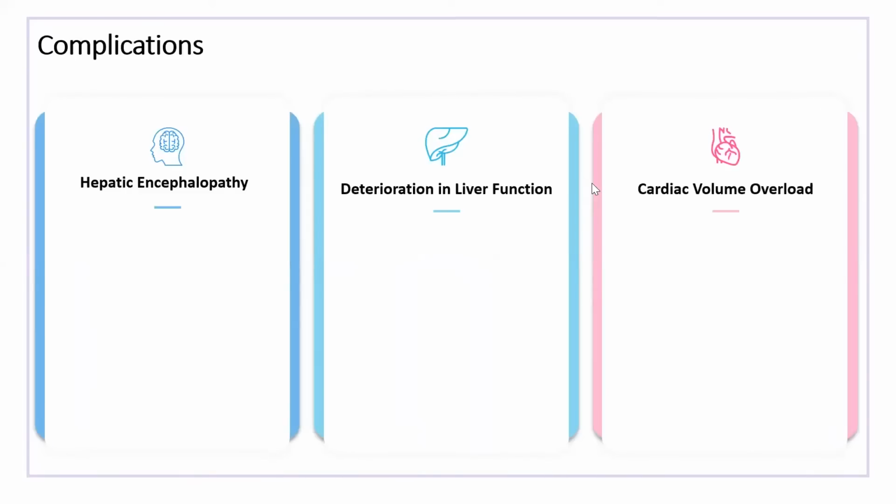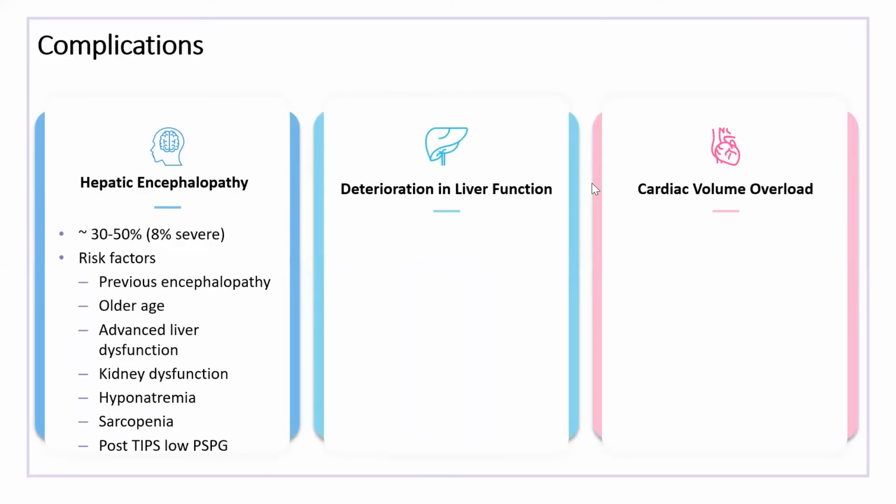Now, the main complications of TIPS are related to hepatic encephalopathy, the deterioration of liver function, and cardiac volume overload. The biggest complication of TIPS to consider would be hepatic encephalopathy, and 30 to 50% of patients after TIPS would have at least one episode of hepatic encephalopathy, and 8% of these would be actually severe.